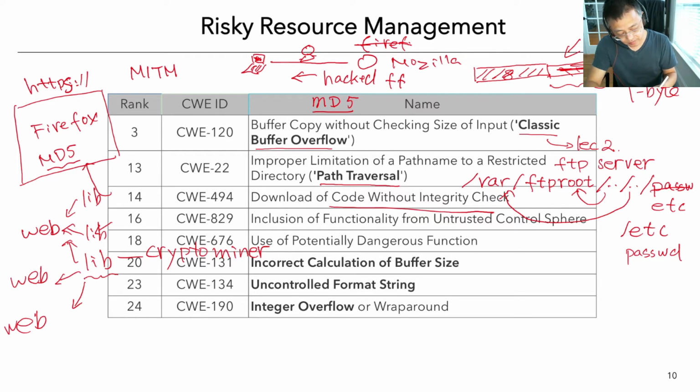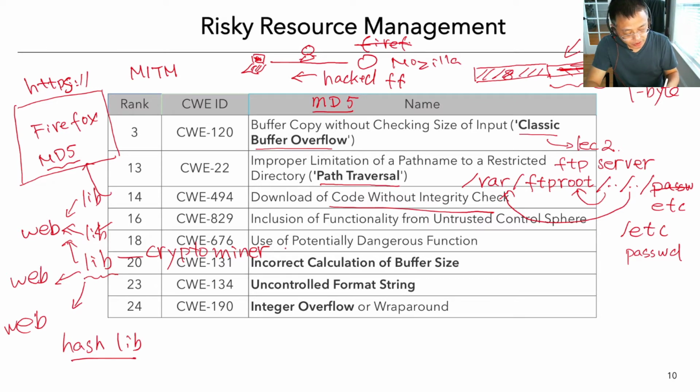Okay, so one way to solve this problem of the untrusted library is that when you import a library into a web page, you can specify the hash of the library, right? So this will give you at least some protection.